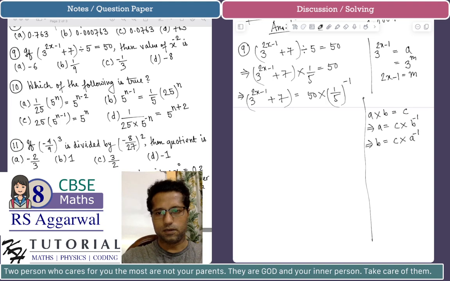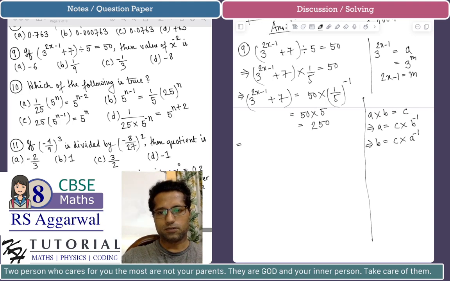So this is equal to 50 multiplied by the multiplicative inverse of 1 by 5. So 1 by 5 raised to the power minus 1 means the reciprocal of 1 by 5, which is 5. So this is equal to 250.